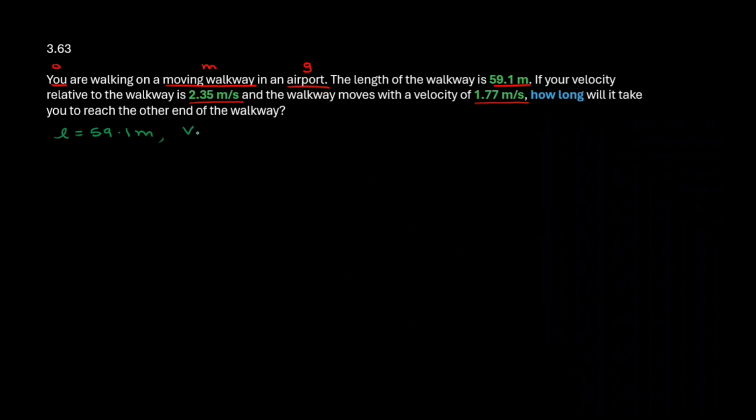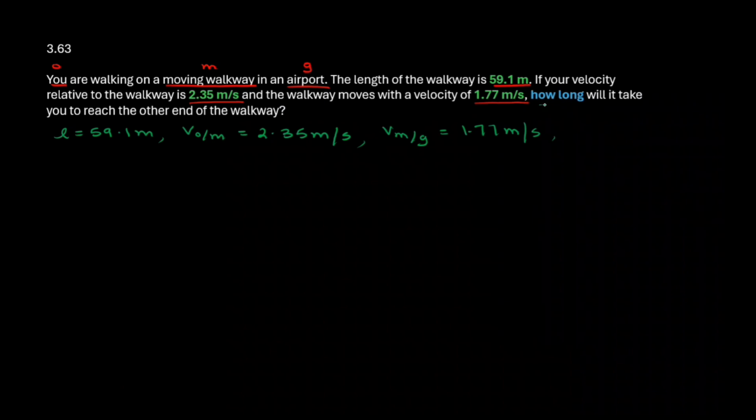We write it as VOM, which is equal to 2.35 meter per second. Then the walkway moves with a velocity of 1.77 meter per second. So this is velocity of moving frame since the walkway is the moving frame. So we write velocity of moving frame with respect to ground to be equal to 1.77 meter per second.